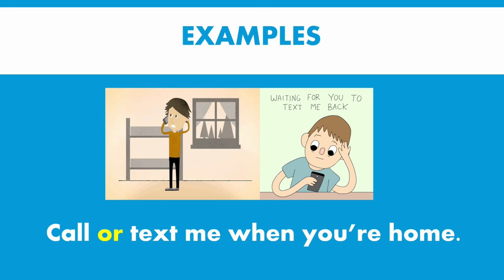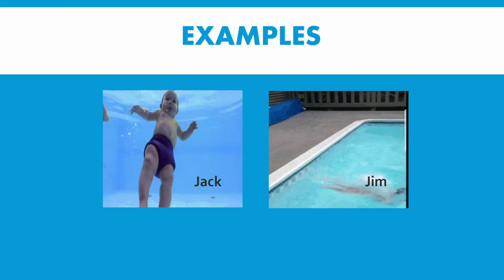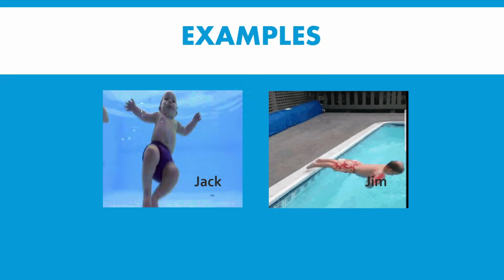It cannot be both. Just remember that when there are two choices and we have to make only one decision, then we use the conjunction or to connect these two ideas. Next, can you see two little cute babies right in front of your screen?